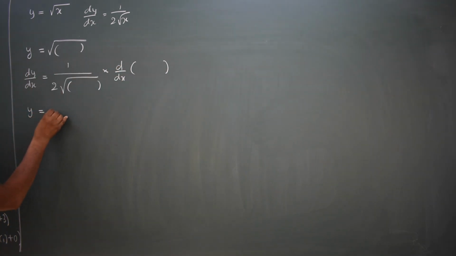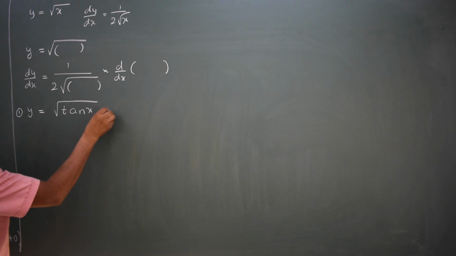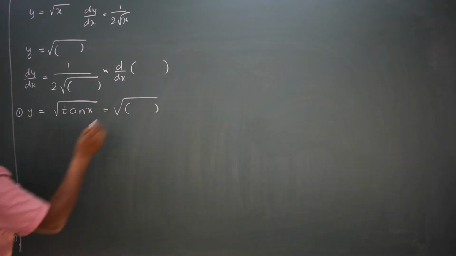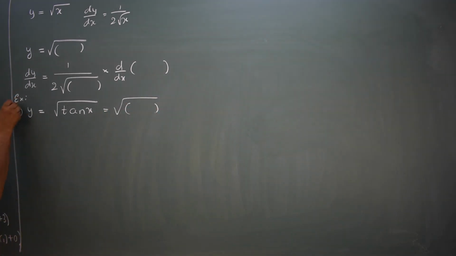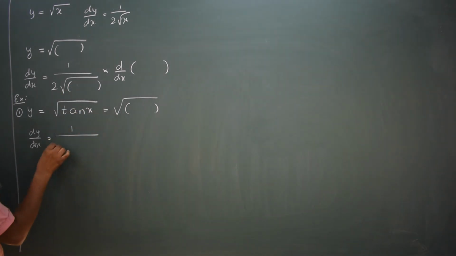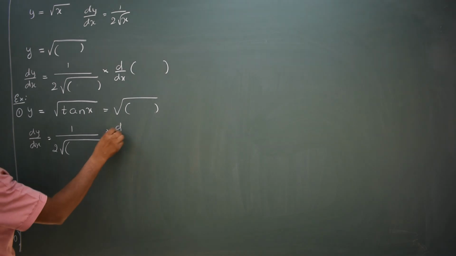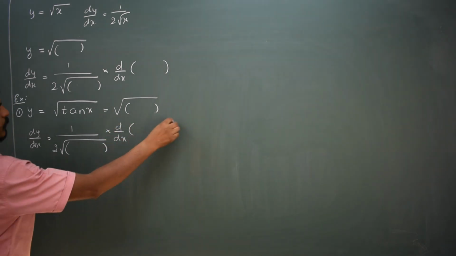Y is equal to, say, root of tan x. Read it as root of something. What is dy by dx? Root of something differentiation is 1 by 2 root something into differentiation of something.